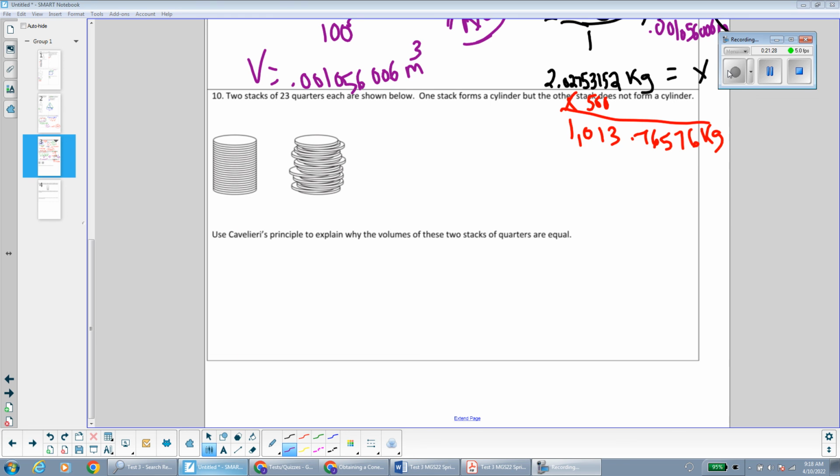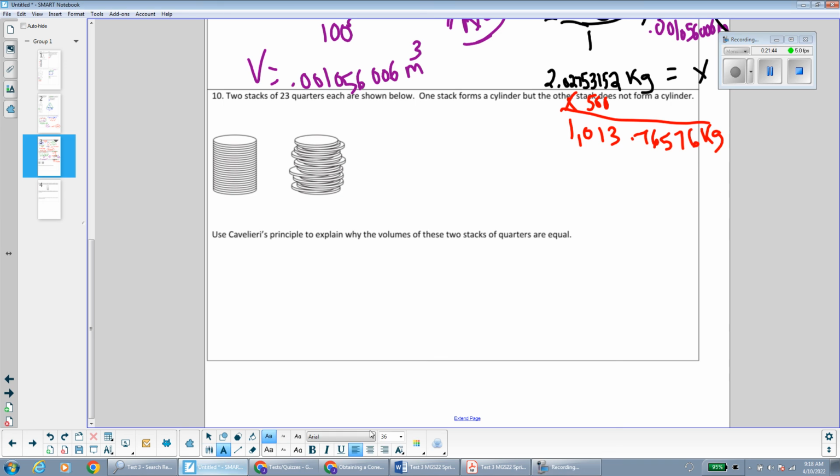For this next one, a lot of people were explaining why the two stacks of quarters had the same volume, but weren't using Cavalieri's principle, and that's why you probably got points off for this one. So Cavalieri's principle has a couple of components.